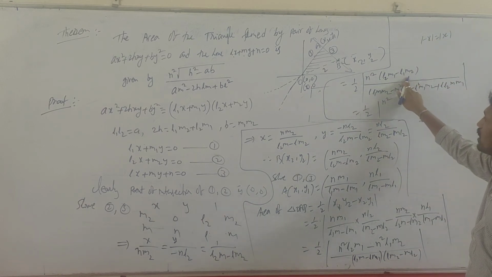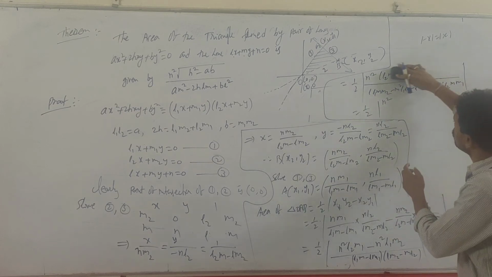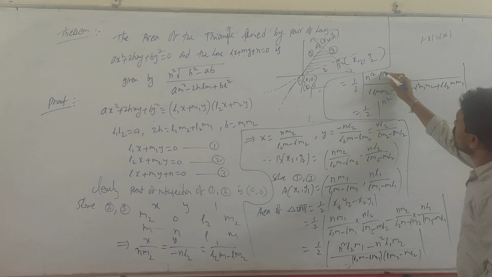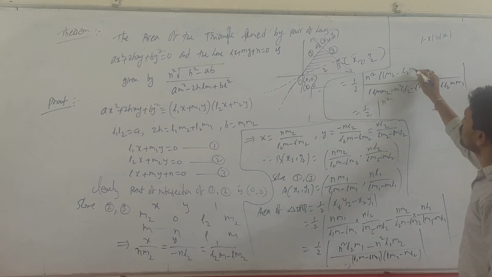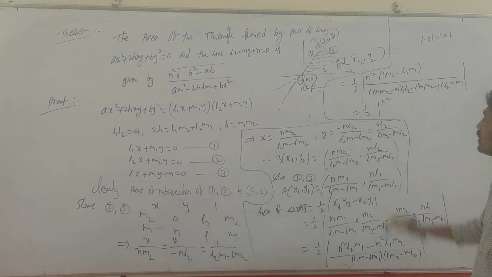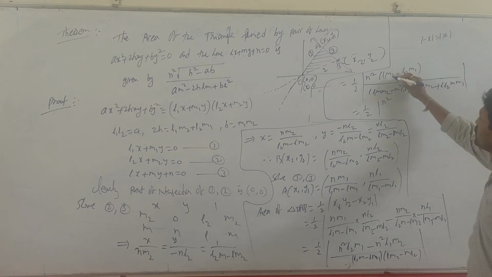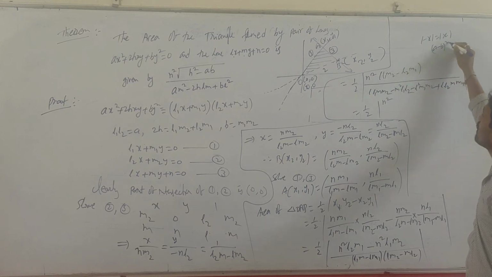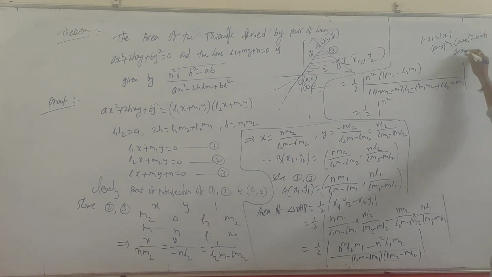Actually if you write in order, you can write this as L1 m2 minus L2 m1 also, for our convenience. This is a minus b. Generally a minus b whole square is equal to a plus b whole square minus 4ab. That means a minus b is equal to root over a plus b whole square minus 4ab.